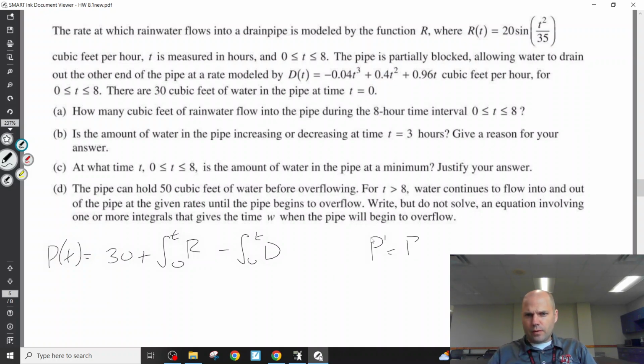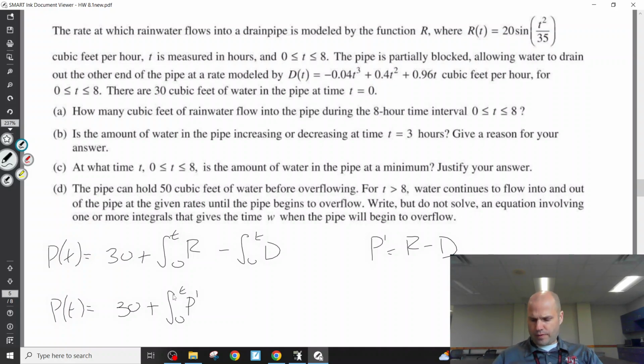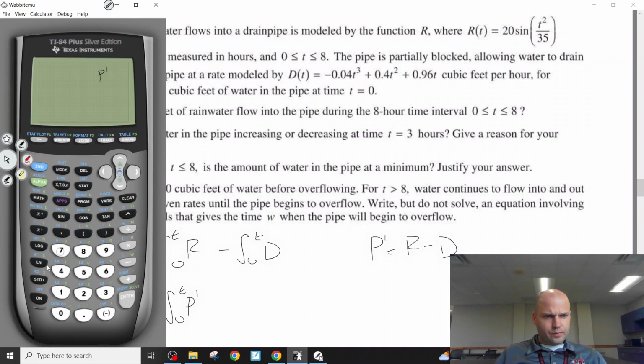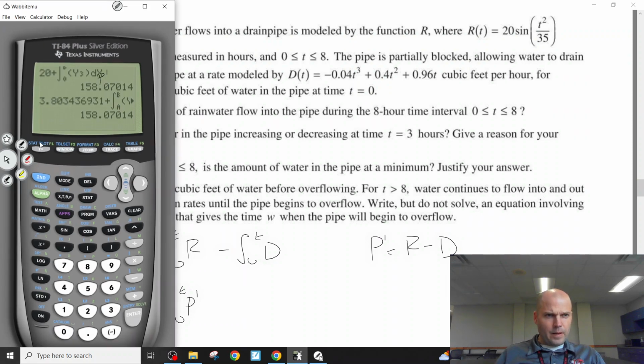Here's our derivative, rate in minus rate out. We could also express our population as an area under the derivative plus our initial amount. I would go into my calculator. In Y1, I'll do my rate in.